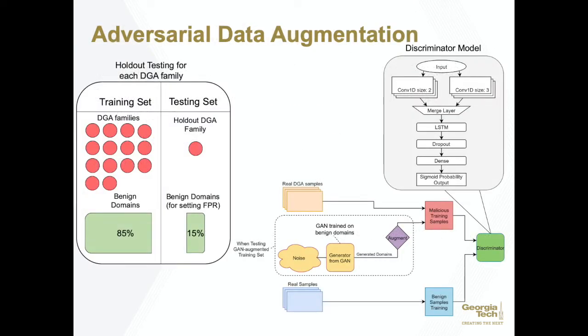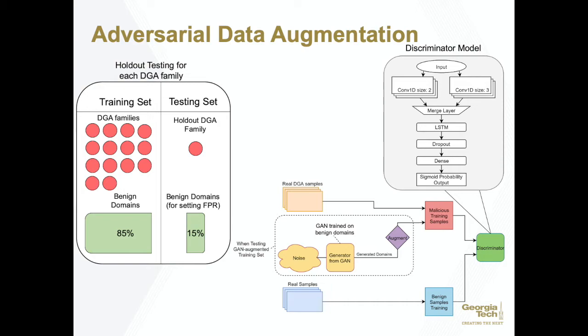So here's an overview of the testing setup for a DGA malware family. Since we're measuring the detection rate on unseen DGA variants, we completely hold out samples of just a single DGA family from the training set, and then all other families are used for testing. We also set aside 15% of our benign domain set, so we can standardize the trained model to have a fixed false positive rate when we measure the detection rate on the holdout DGA family.